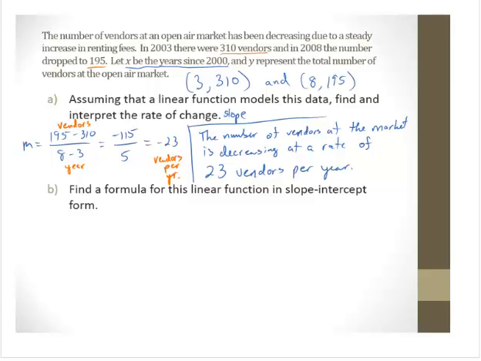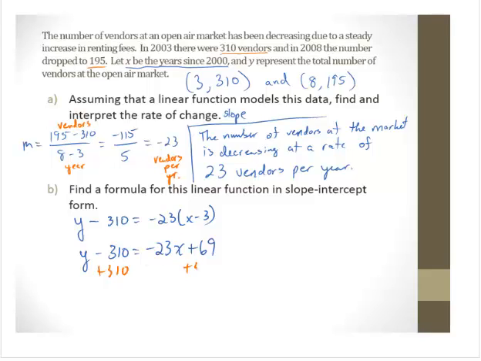Okay, part B. Find a formula for this linear function in slope-intercept form. All right, I have the slope, I have a point. Y minus 310 is negative 23 by x minus 3. Y minus 310 is negative 23x plus 69.